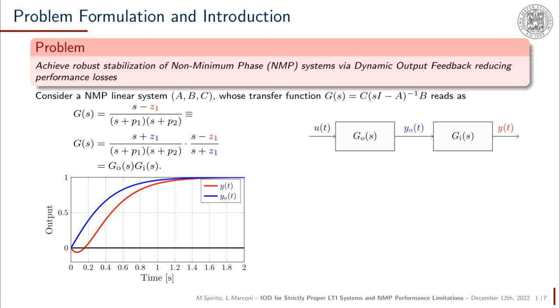So in particular, if we look at the step responses of the good twin obtained by this decomposition, here shown in blue, we see that there is no undershoot, while the real output, which is also the output of the cascade between the outer and the inner system, has an undershoot in the step response.